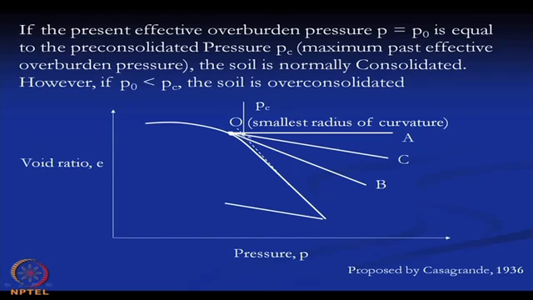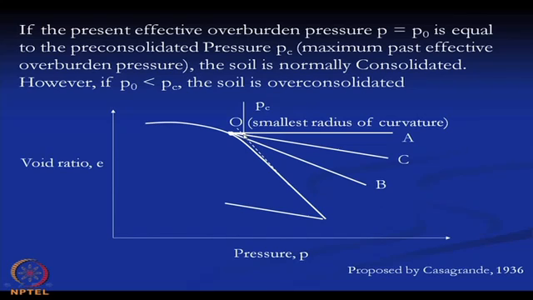Once we get the OC line, the next step is to extend the straight portion of the loading curve and identify the point where the straight portion of the loading curve and this bisection line intersect.